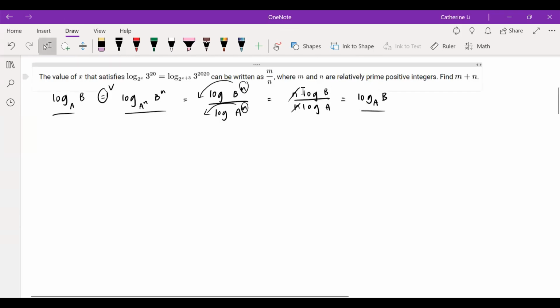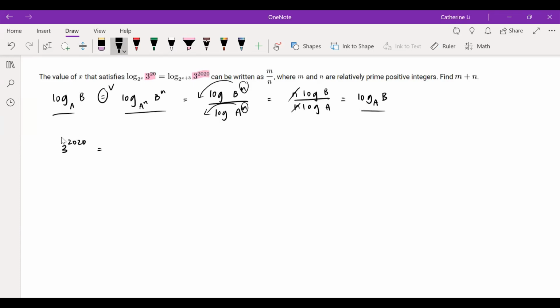And the way that we can use this to solve this problem is that we see that 3 to the 20 and 3 to the 2020 are very similar, but the only difference is that 3 to the 2020 equals 3 to the 20 to the 101, because 2020 equals 20 times 101.